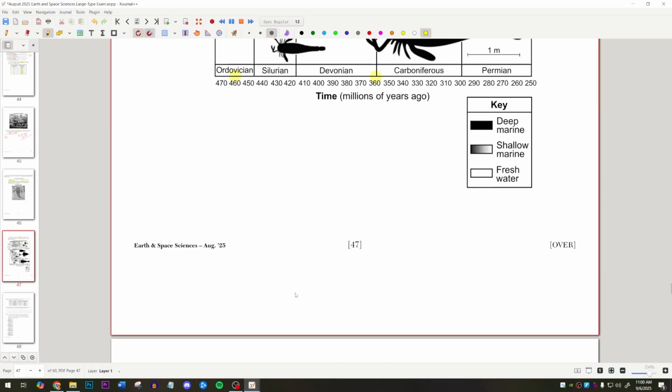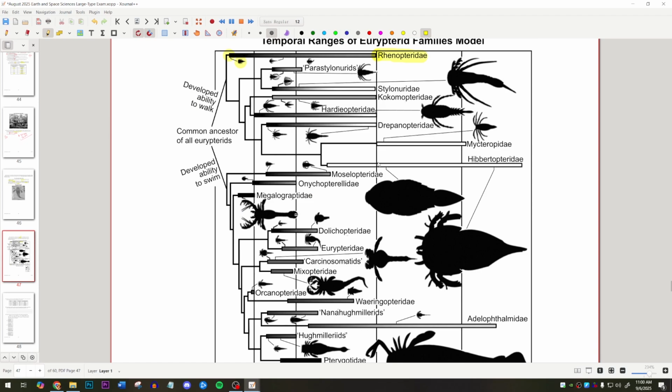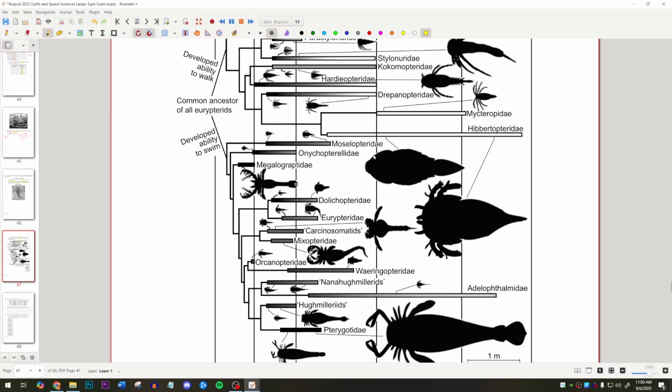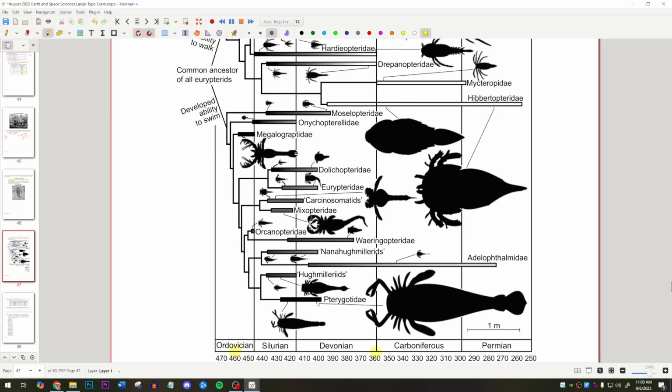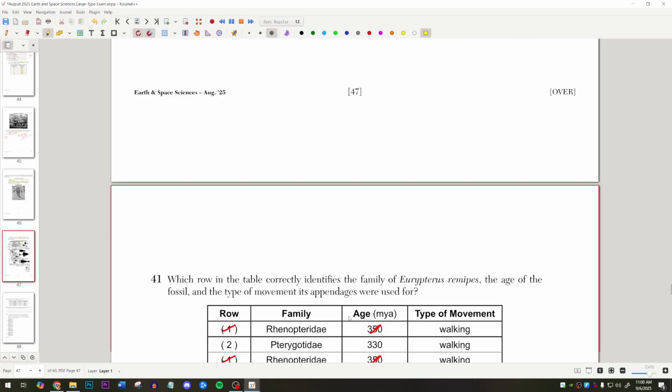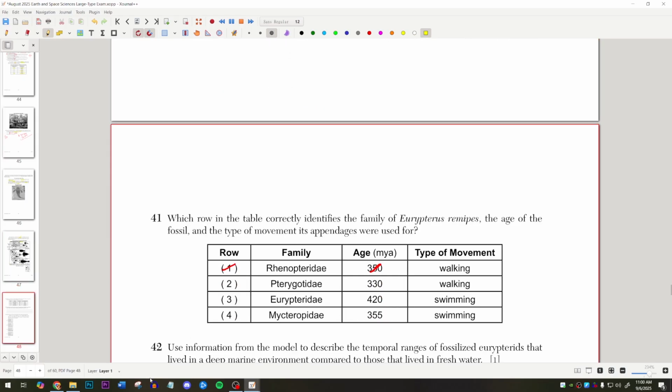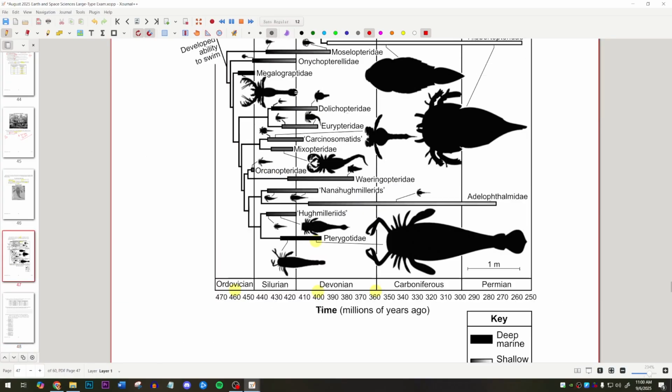Pterygotidae. Let's see. That one. So that's going to be right here. So that's like 400 million years ago. So that seems like it's wrong. We might have to go back if all of them end up being wrong in the age, because then we're doing the age wrong. Eurypteridae, 420. Eurypteridae, right here.